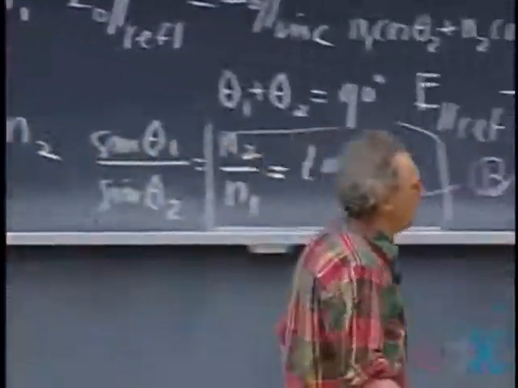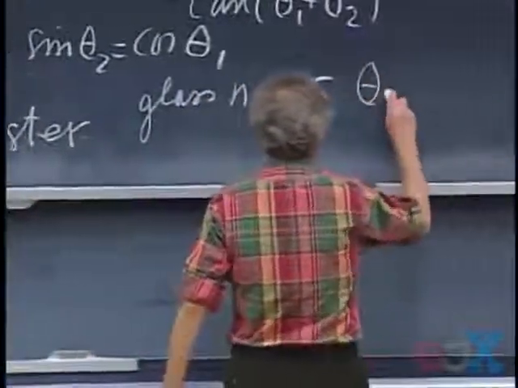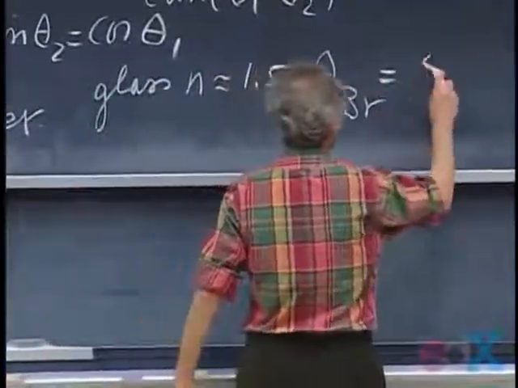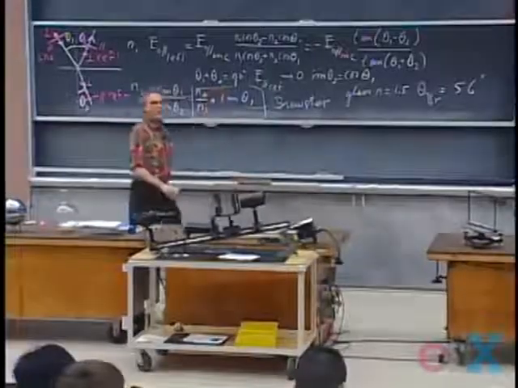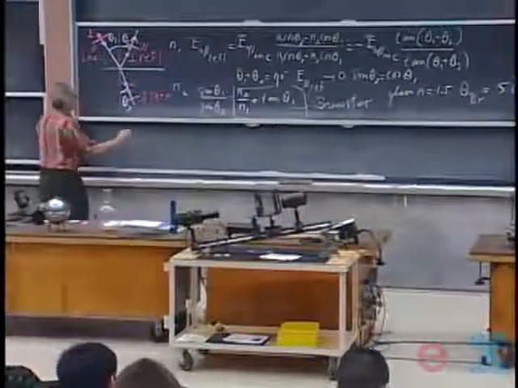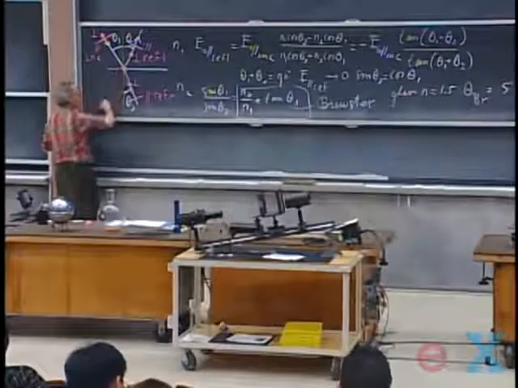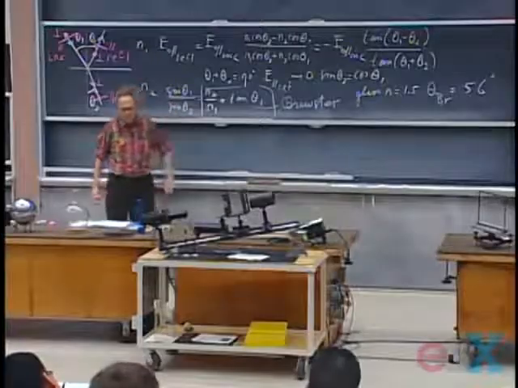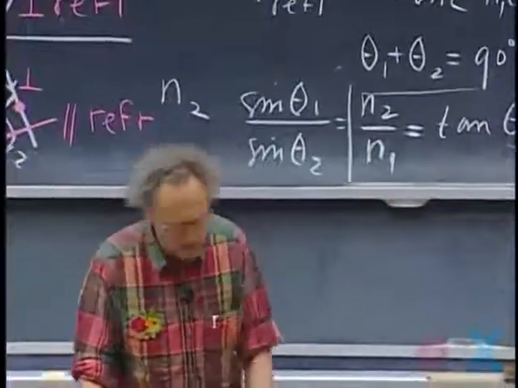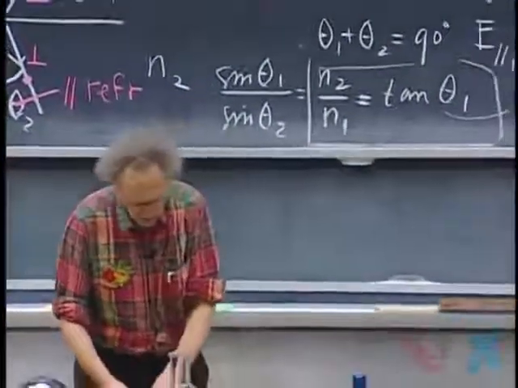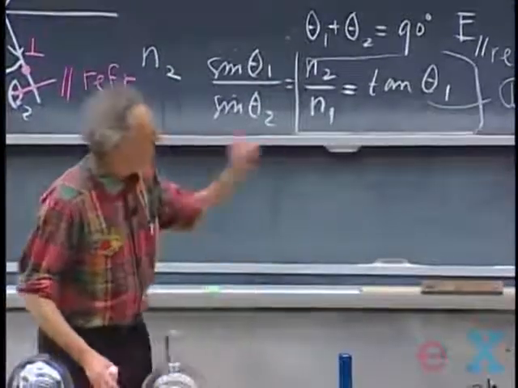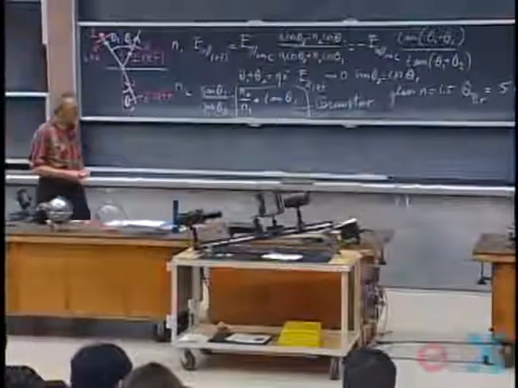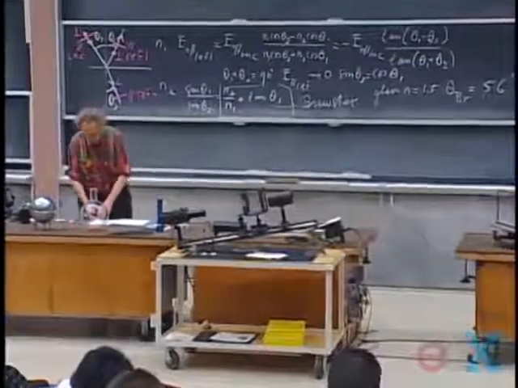Then you will find that the Brewster angle, theta Brewster, turns out to be about 56 degrees. I can also make linearly polarized light by going from glass to air, by bouncing it off this way. Then, of course, I have to invert this, and you'll get a Brewster angle which is smaller, which is 34 degrees. But since I will do it from air to glass, I want you to concentrate on the 56-degree angle.